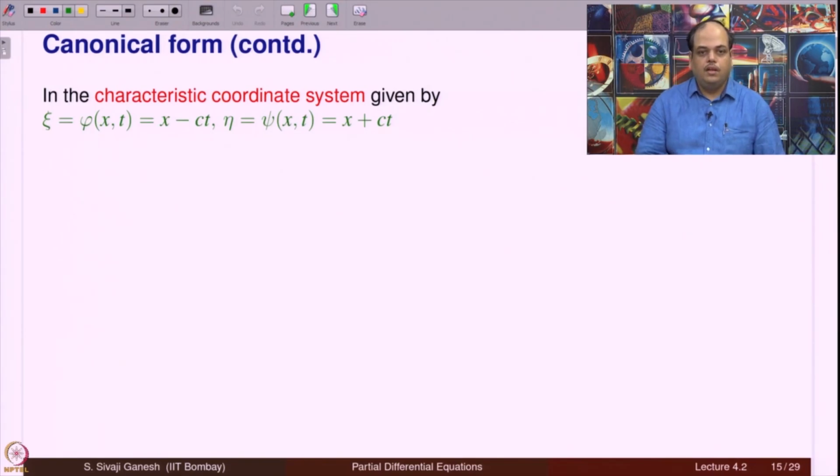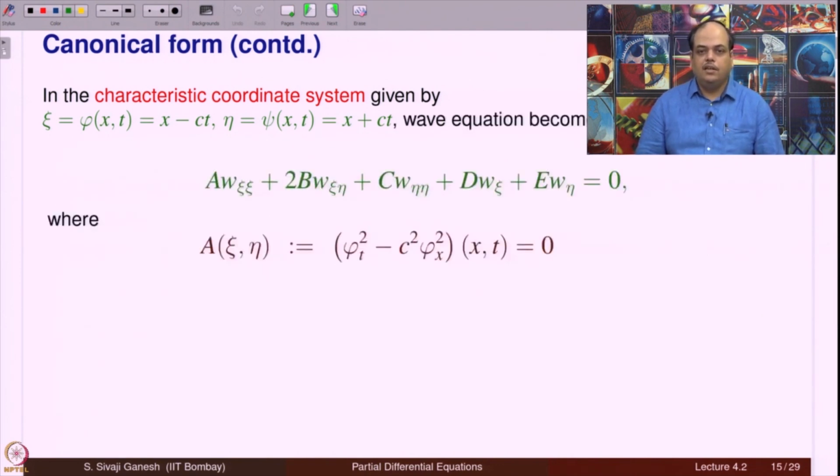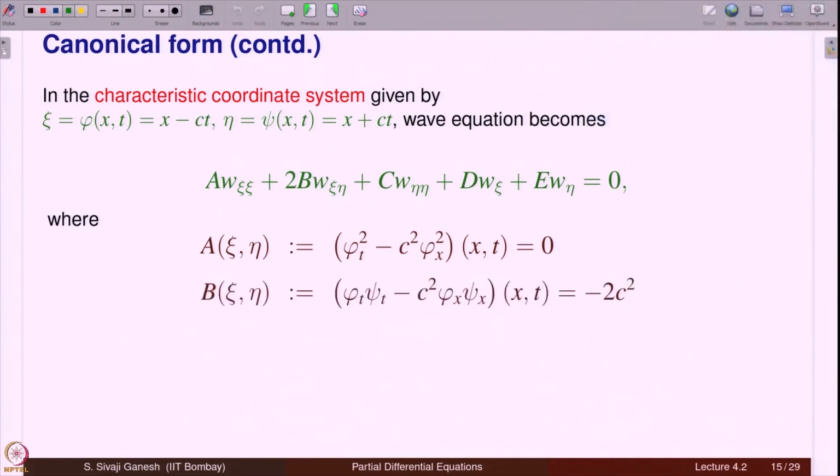Okay. In this coordinate system given by xi equal to x minus Ct, eta equal to x plus Ct, the wave equation becomes this, we already noted down, but now we have insisted A must be 0, right. Similarly, C is 0 and B turns out to be minus 2c square, the computation will give you.